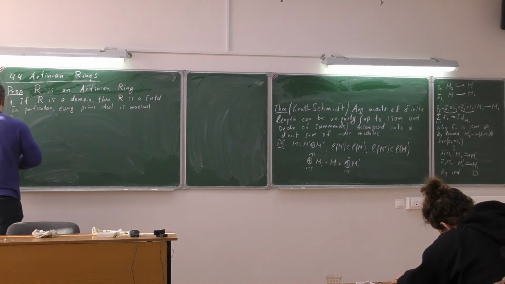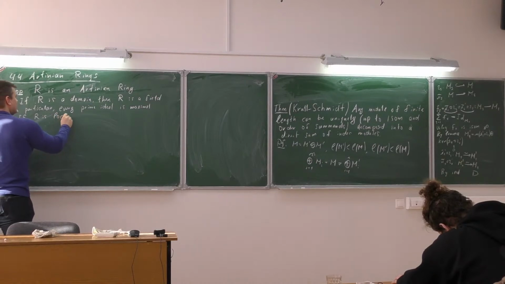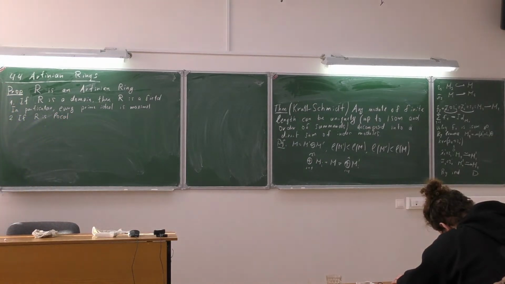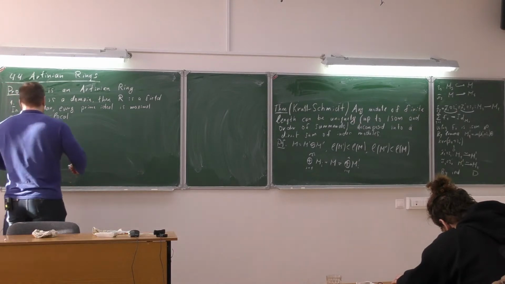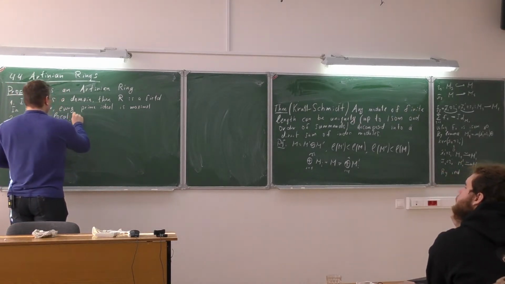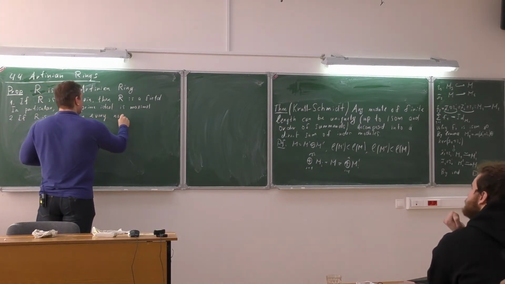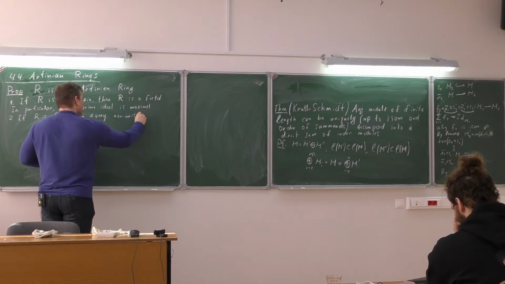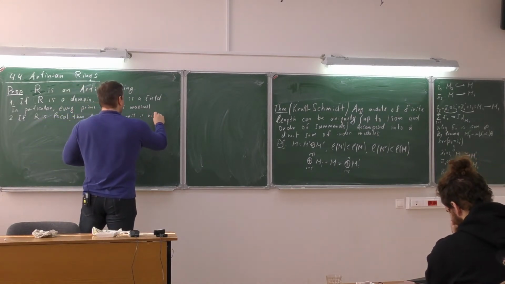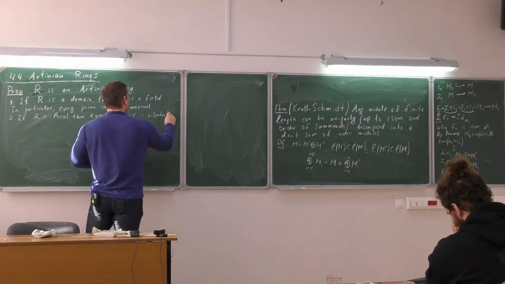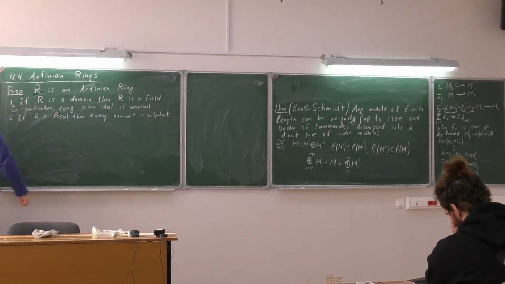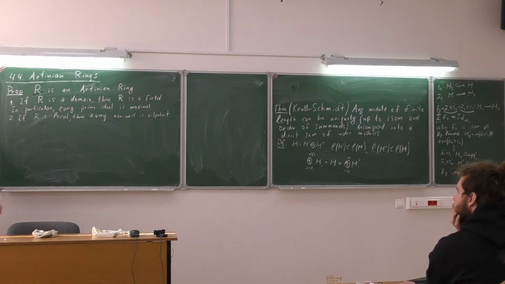Second property, if R is local, meaning that there is a unique maximal ideal, but we know by property 1 that maximal and prime are the same thing in an Artinian ring, so there's a unique prime ideal. So if R is local, then every non-unit is nilpotent. So in local Artinian rings, elements are only units and nilpotent elements.